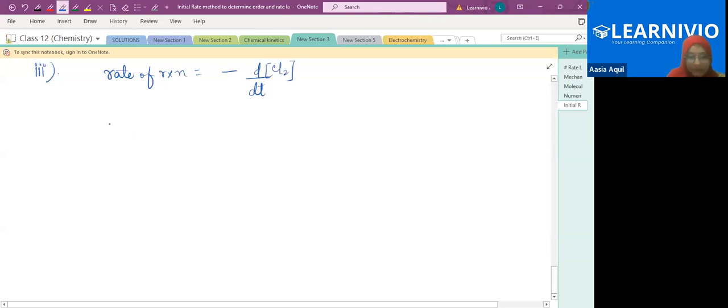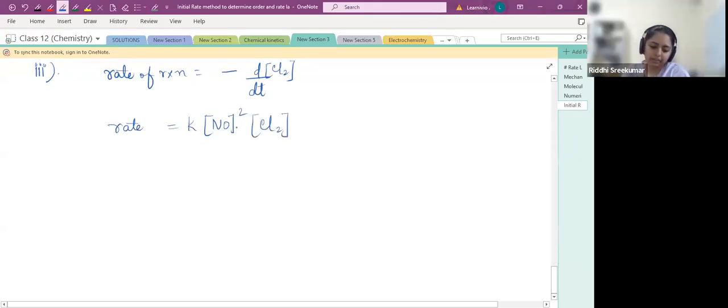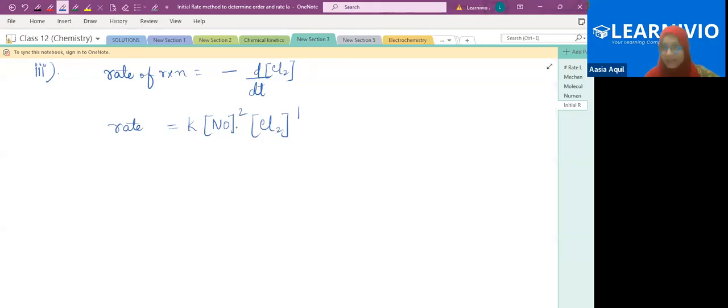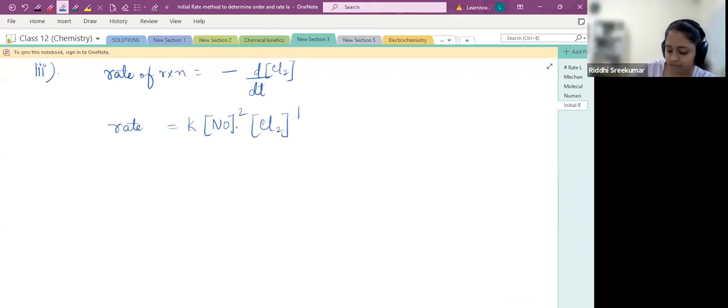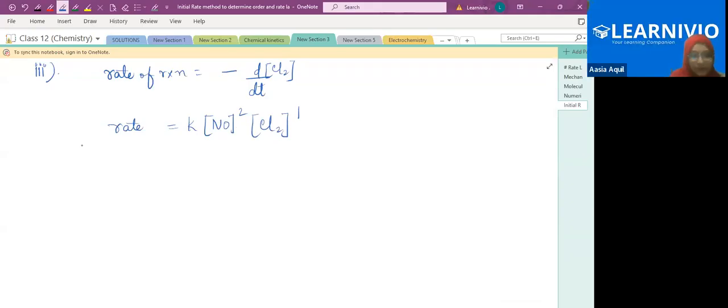Now see, from rate is equal to k NO square Cl2, we can find that rate using the other rate law equation. Let's see, we will use that table.